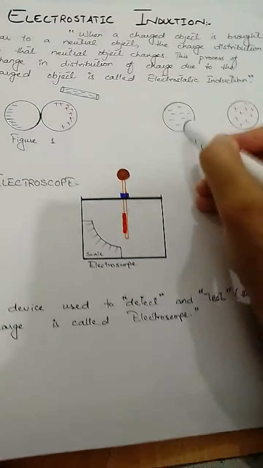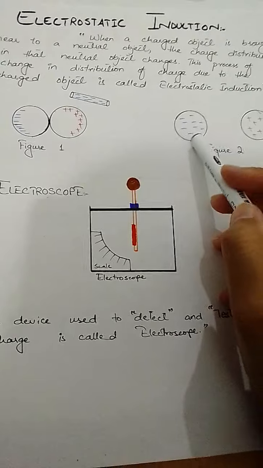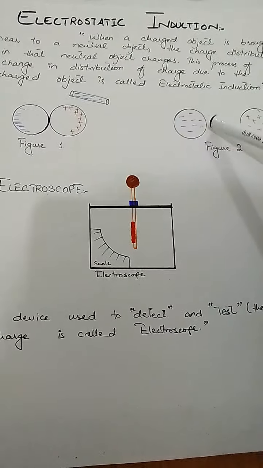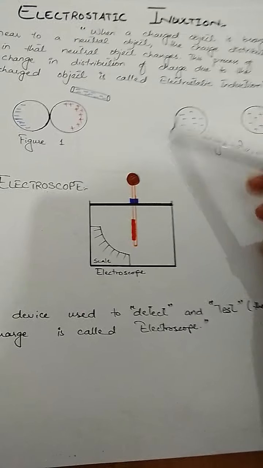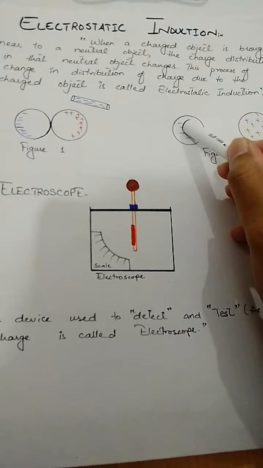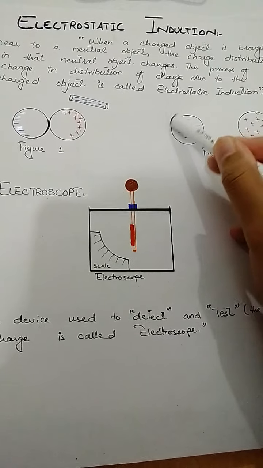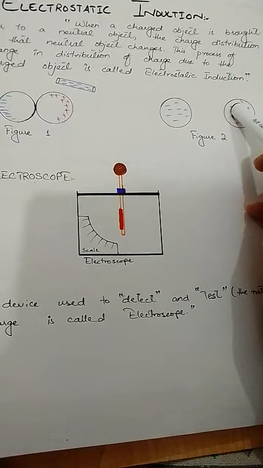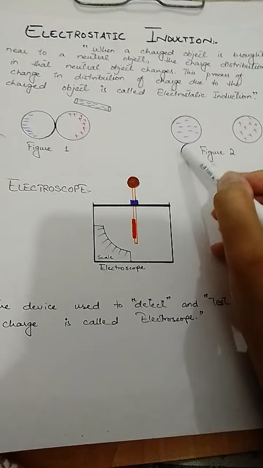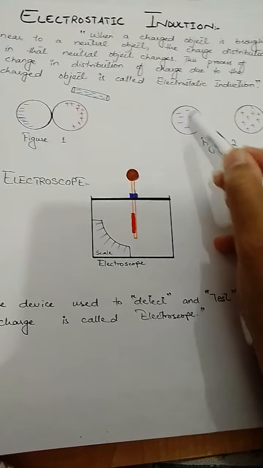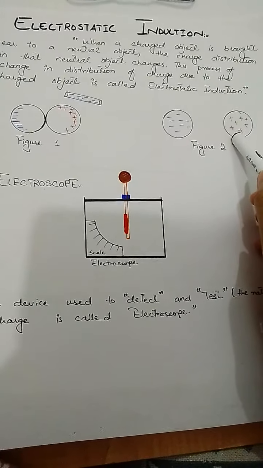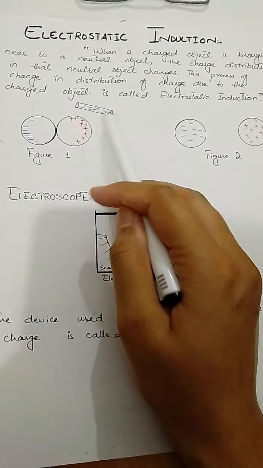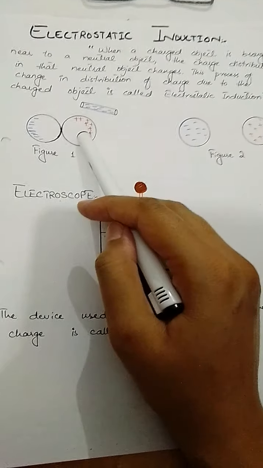Here, when there is no rod, the negative charges won't get repelled any further, and they will distribute throughout the sphere, and the positive charges also will redistribute throughout the sphere. But you will see that this ball is now negatively charged and this ball is now positively charged. Before I brought the rod closer to this one, they were all neutral.